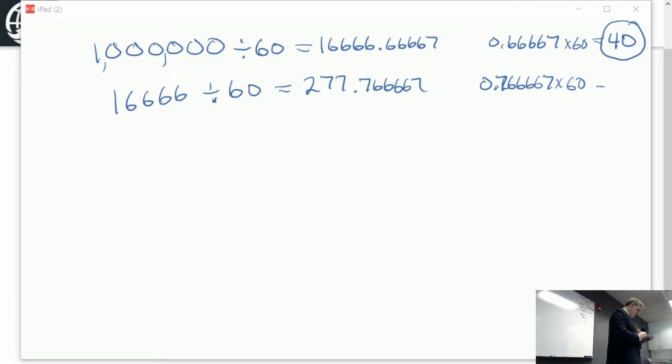Got 46. Circle that, just because I know that. So this is number of seconds. This is the number of minutes.